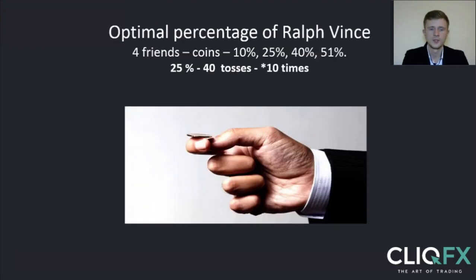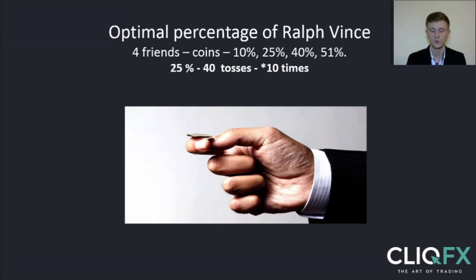The third one is the optimal percentage of Ralph wins. How it works: for example, there were four friends, and they decided to toss coins and check statistically what kind of approach is more successful, and they tossed 40 times. The first friend was putting 10% of his deposit in each trade.